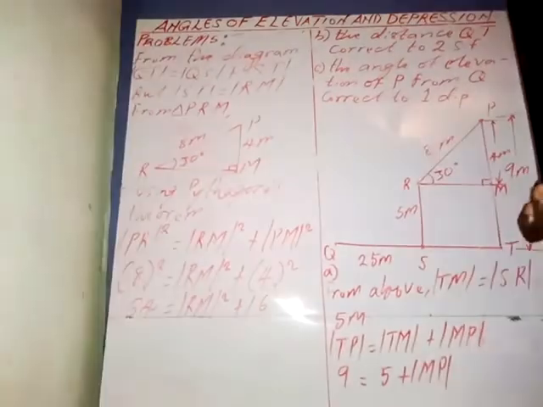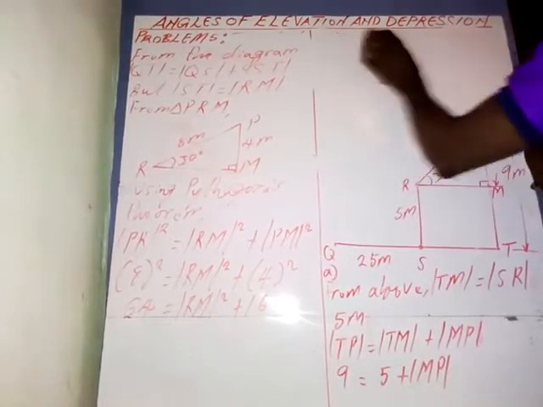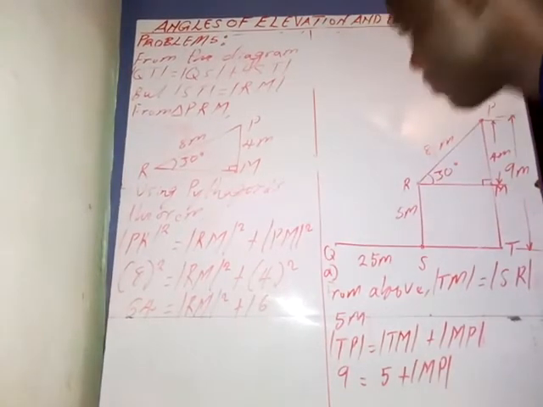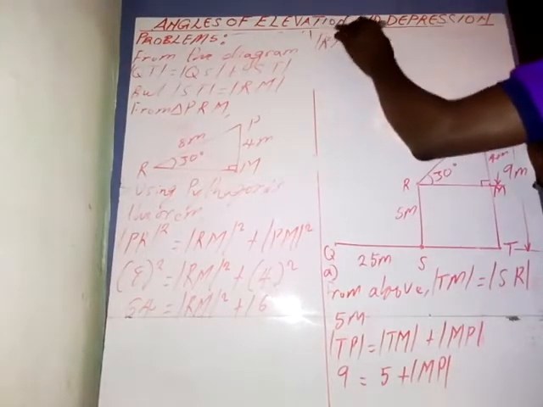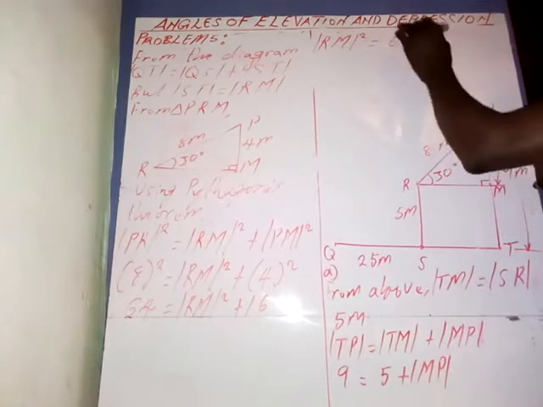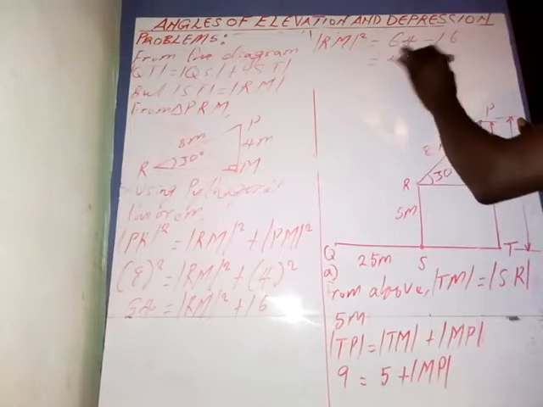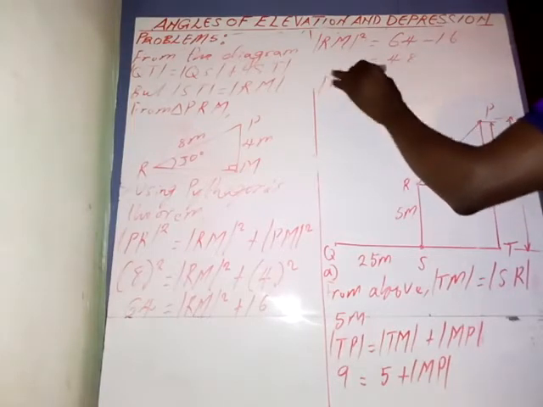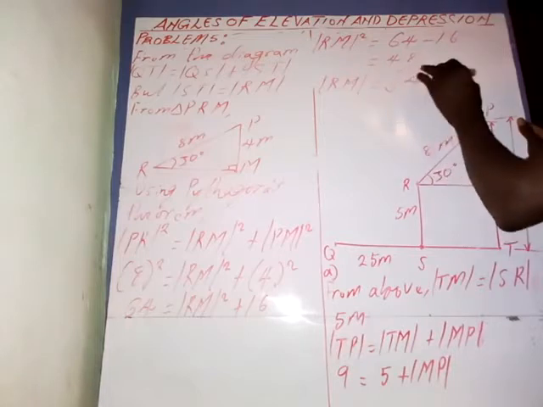Then, let me rub this off. Okay, so we have RM squared equal to 64 minus 16, and this will give us 48. Then RM is equal to square root of 48.